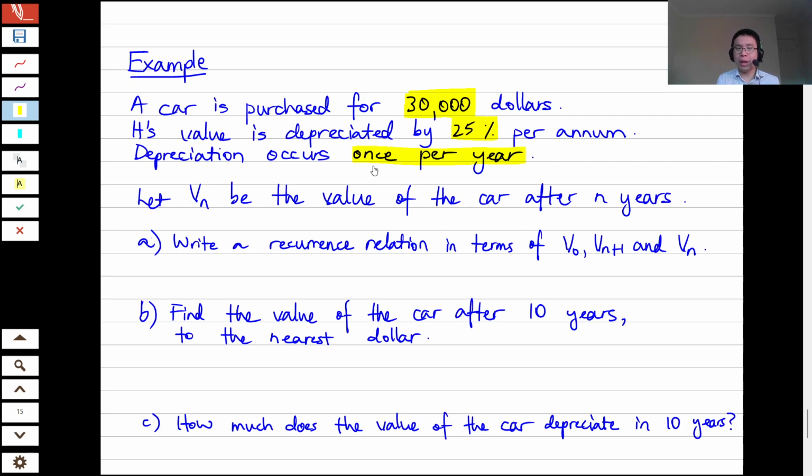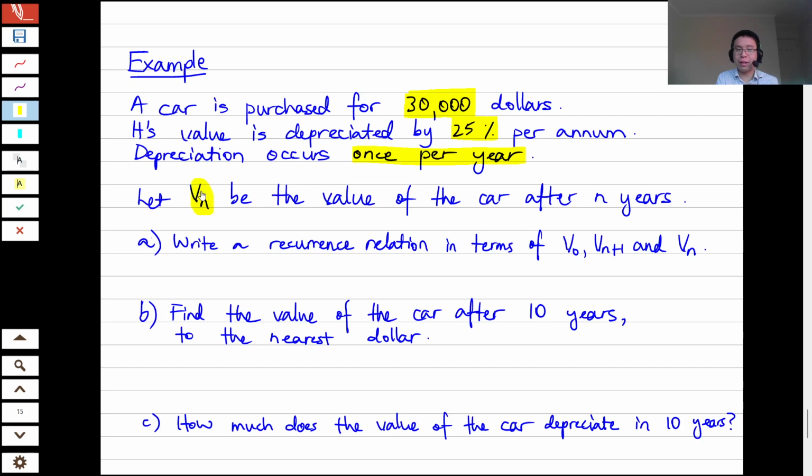The reason why I'm writing it once per year is so that it's unambiguous. Because if I don't write this last sentence, you might ask me, do we depreciate it every month, every week, every year? If I don't tell you, you can assume it's every year. Okay.